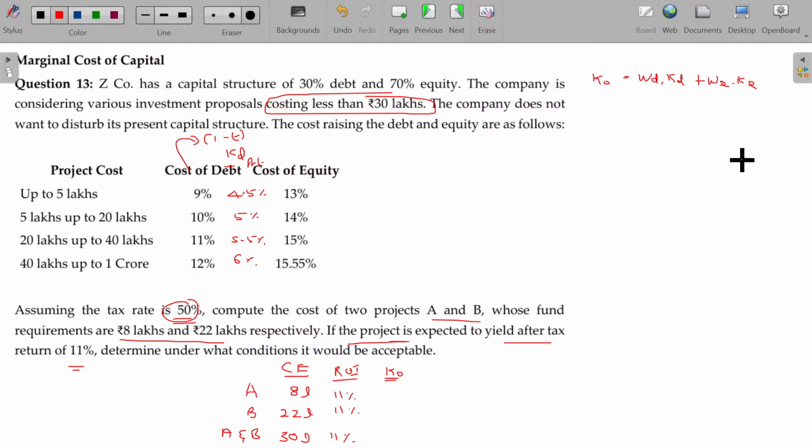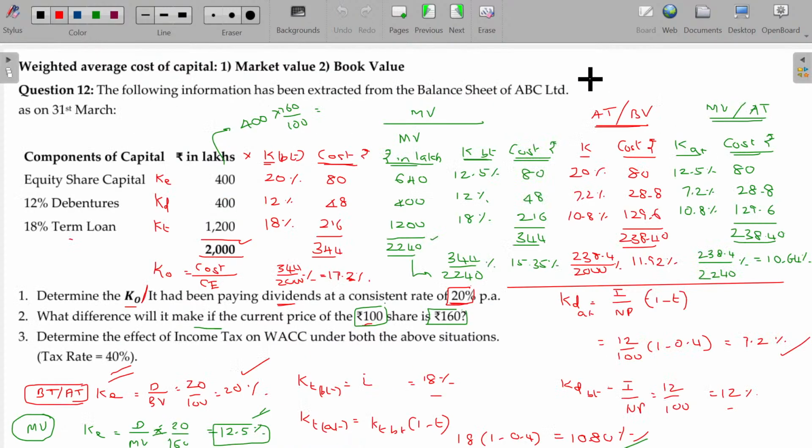In the earlier case, you can calculate this way also. Overall value 1,400 being 0.2, 400 being 0.2, 1,200 being 0.6. This is called weight. This is called cost. Rather than calculating in this tabular model, you can use the formula also.